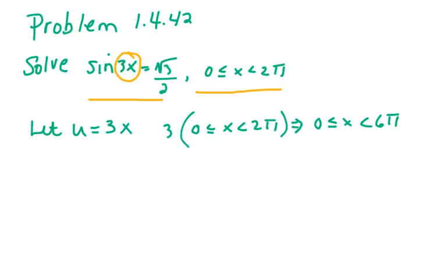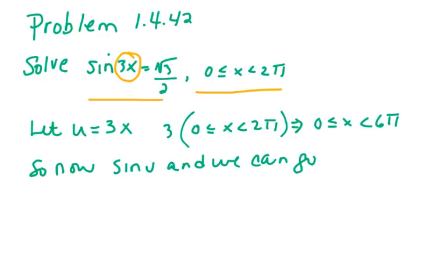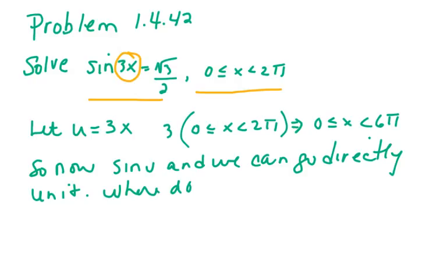So now we can look at the unit circle. We're going to be working with sine of u, and we can go directly to the unit circle, which is helpful because now what I'm looking for on the unit circle is where does sine of u equal the root of 3 over 2. So let's find all of those places where that is true.